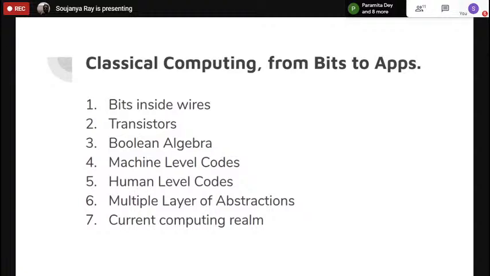But what about the quantum computers? Are we still on the same page as the classical computers? The answer is no. Quantum computing is still in the baby stage of gate-based computing, right?